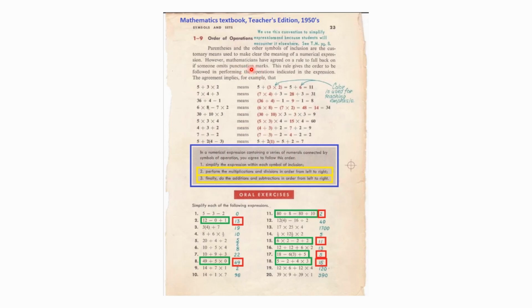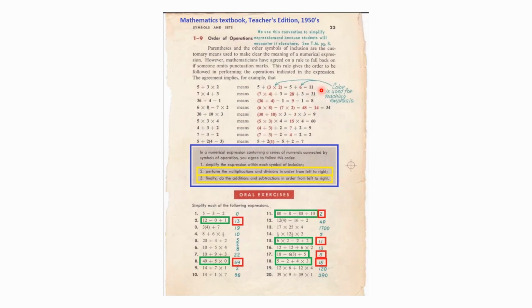We're talking about parentheses or brackets. The rule gives the order to be followed in performing the operations indicated in the expression. The agreement implies, for example, that 5 plus 3 times 2 is broken down to 5 plus 6, or 11.